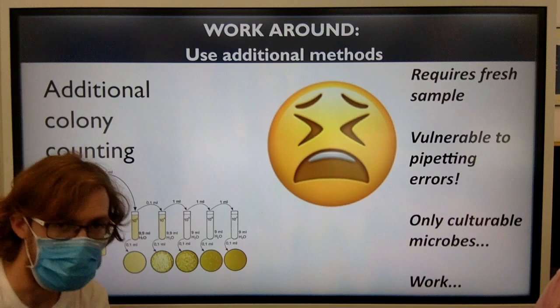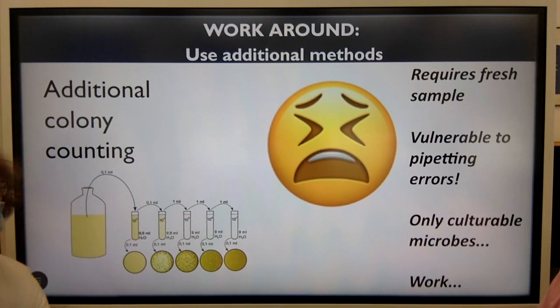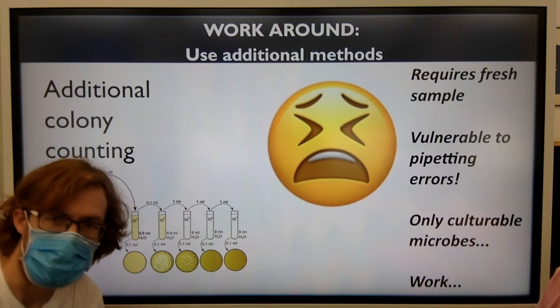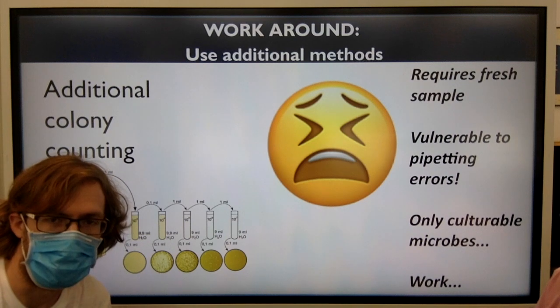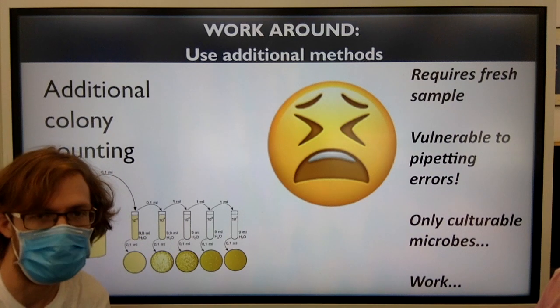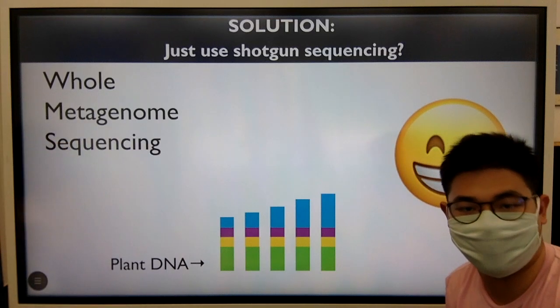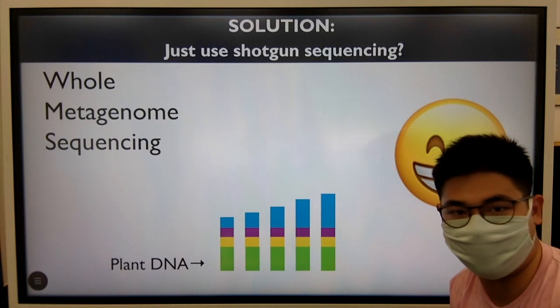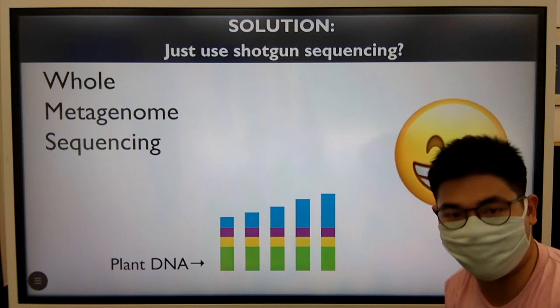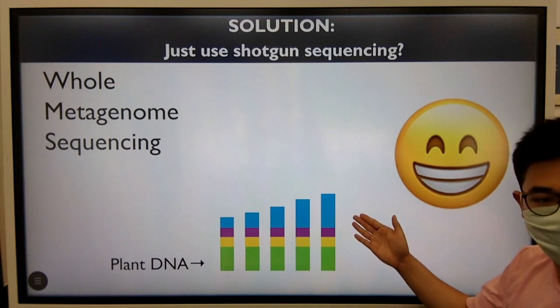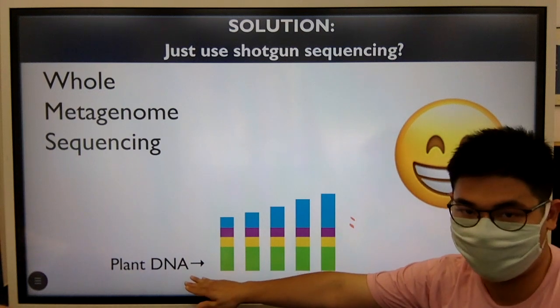You can also use colony counting, but this requires fresh sample. It's vulnerable to pipetting errors, and only culturable microbes can be quantified. Finally, it's a lot of work. A potential solution is whole metagenomic sequencing to get all the information from microbes and also from plants.